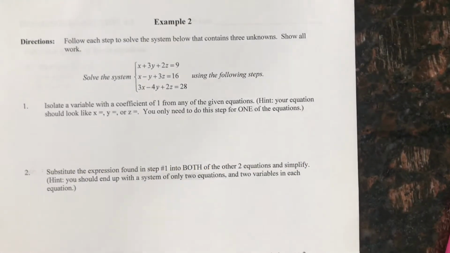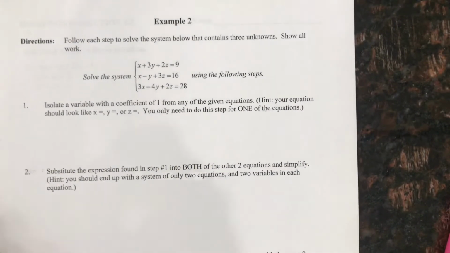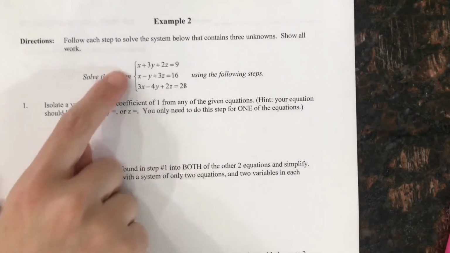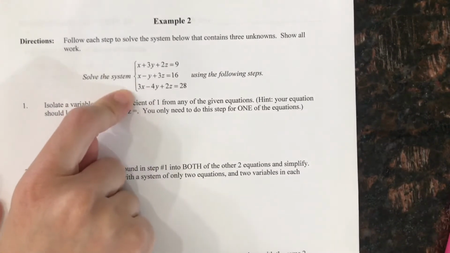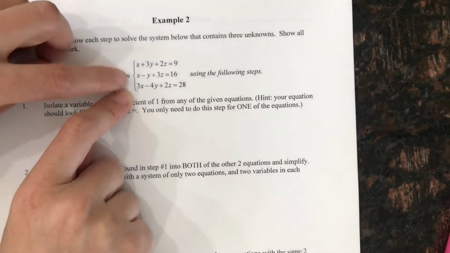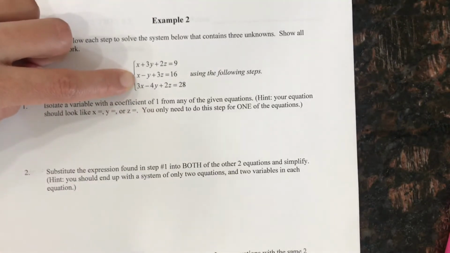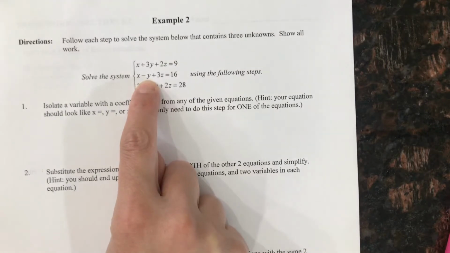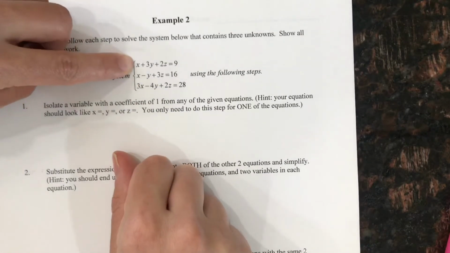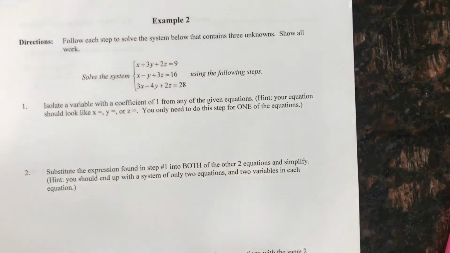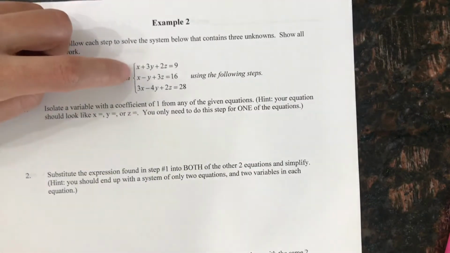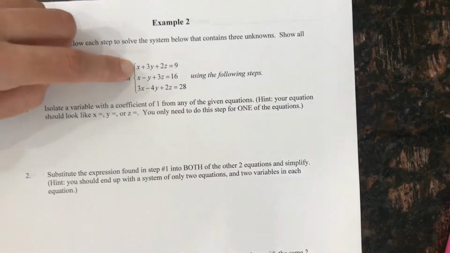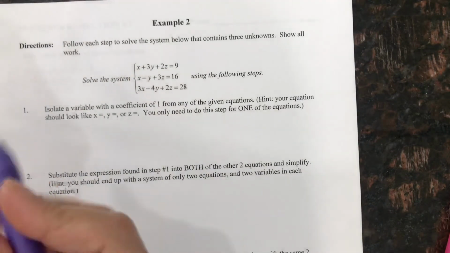Okay, so we're going to be working through example number 2. Now, our first step is to isolate one of the variables. I could get this x by itself here just because it doesn't have a coefficient. I could probably get the y by itself, or even this x up top. Okay, so it doesn't really matter which one we decide to use. Let's use this x up top, since it's the first equation.